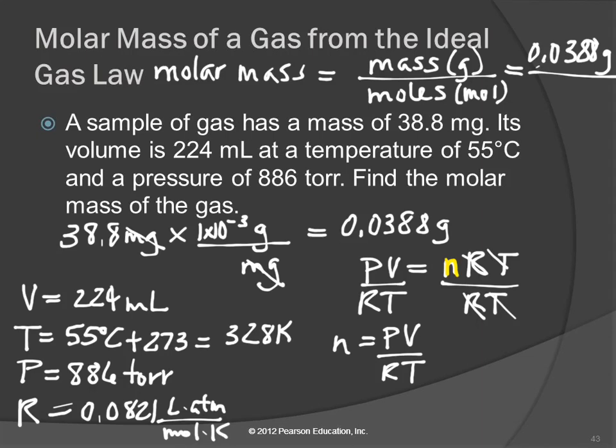We need to convert some things, right? We could put them in the equation and then worry about it, but it's easier if you think of it ahead of time. So the volume needs to be in liters, and we've got milliliters. So we need to fix that.